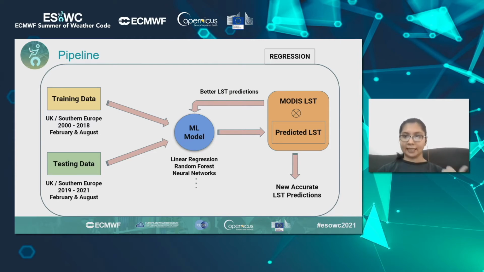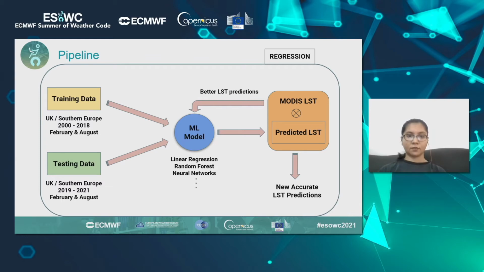We have the data, the model, and the metrics used for training the model. So let's start with the data. We consider two important regions here, and two diverse regions indeed. The first region would be in and around United Kingdom, so roughly covering the entire United Kingdom. And the second region would be parts of Southern Europe and some parts of Northern Africa.